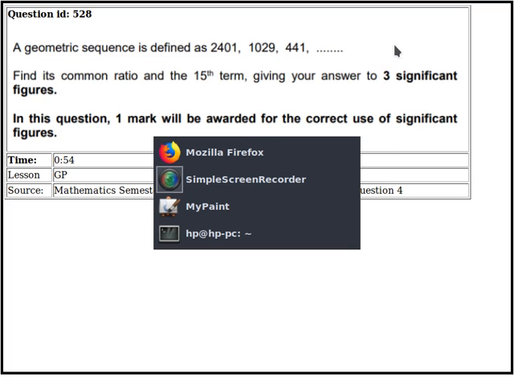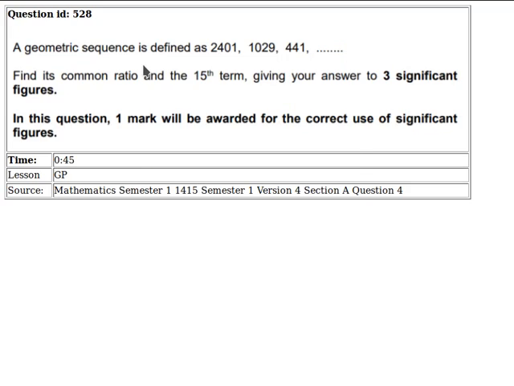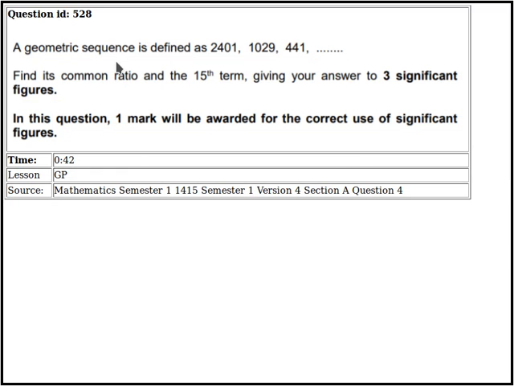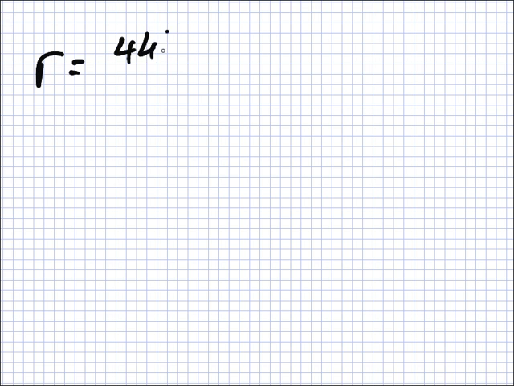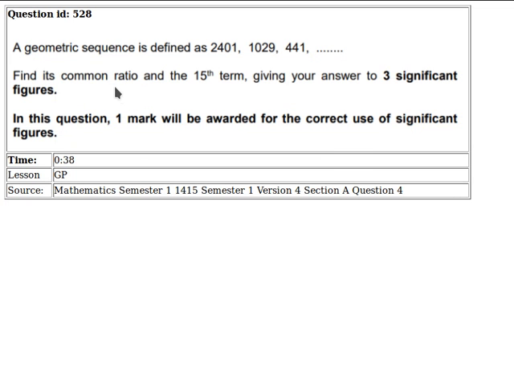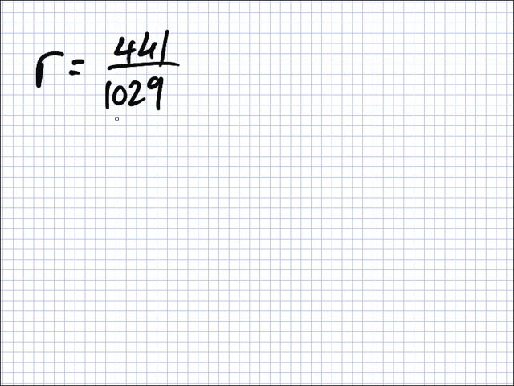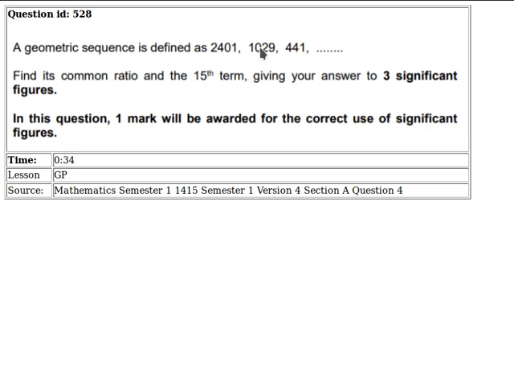The common ratio will be the second term over the first term, or the third term over the second term, it doesn't matter. You could do 441 over 1029. Well, you save a little bit of time putting the third over the second, because you have one number less to type in on the calculator.